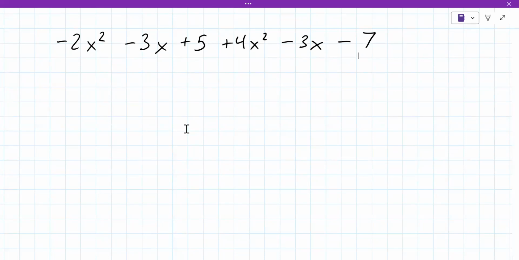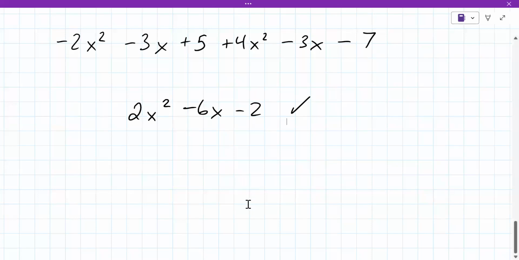Give that a try, please. 2x to the power of 2, minus 6x, and then minus 2? Yes. Very good. Okay, doing great.